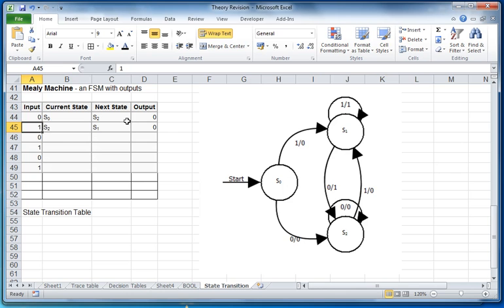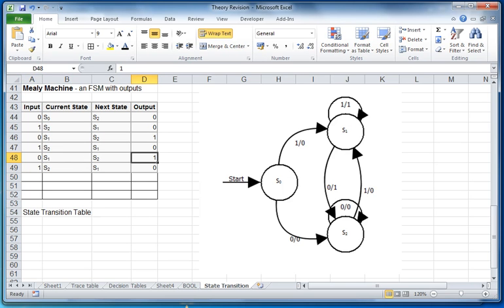The output is the opposite of the input. Then we come over here and we go from state 1 to state 2, we output a 1, the opposite of the input. Similar thing here, we input a 1, we change states and output a 0, input a 0, output a 1, input a 1, and output a 0. The output is the opposite of the input here.